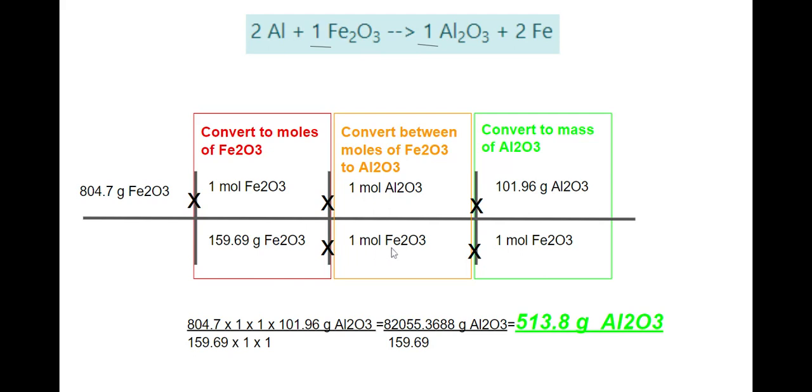So 1 mole of Fe2O3 goes down here, and 1 mole of Al2O3 goes right here. Now, if it had asked to figure out the mass of iron produced, then you would have 2 moles of iron here instead of the 1 mole Al2O3, but you're lucky and you just have the 1 here.